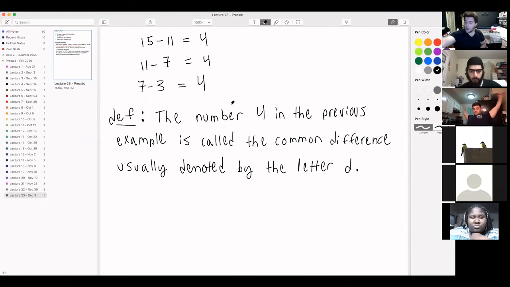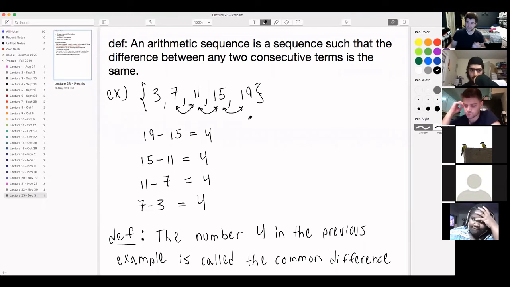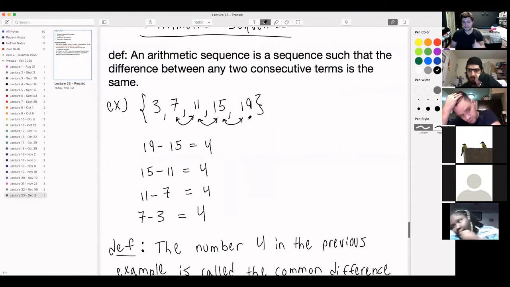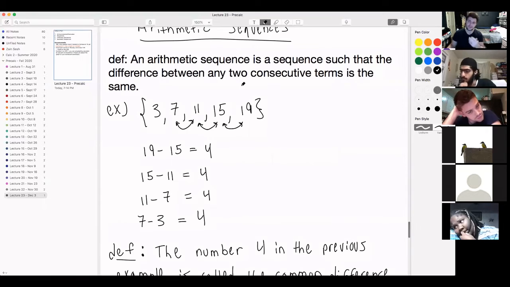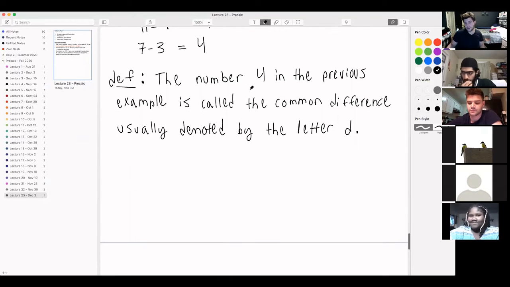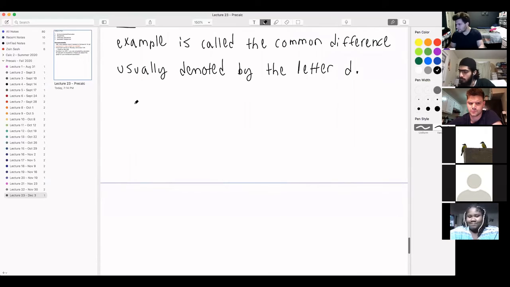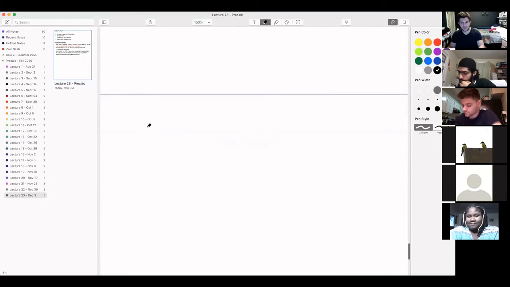Okay, so what's really nice and beautiful about arithmetic sequences is that we can come up with an explicit formula for a given one. The only data we have about it is that the difference between any two consecutive terms is the same, but we can get an explicit formula. Let me show you this. This is really nice. I'm going to start on the next page.